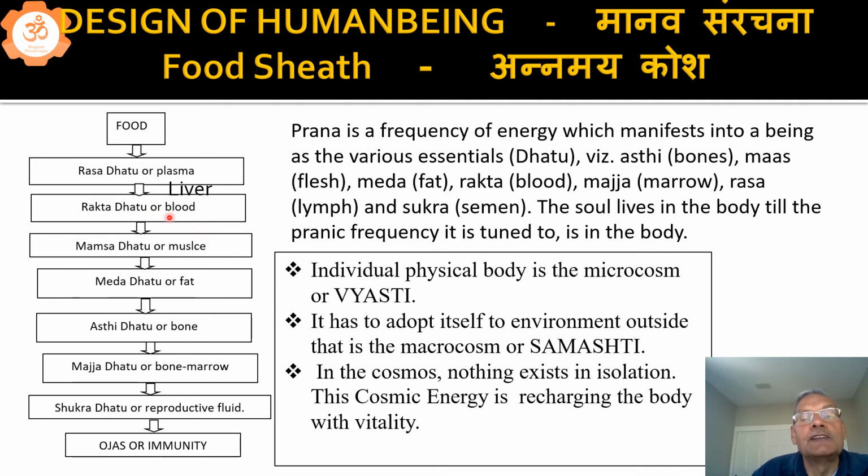Now this blood is circulated throughout the body through Vyanavayu, and from this blood our muscles are formed; we can say the Mamsa Dhatu, or muscles, are created. From the muscles, the Meda Dhatu, or fat, is formed.